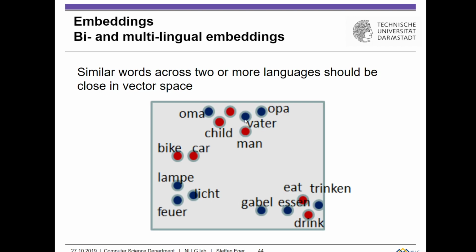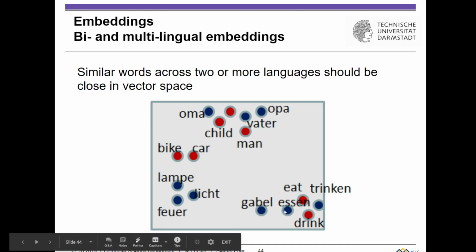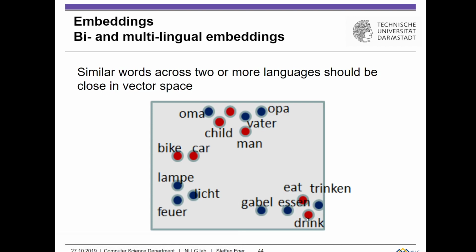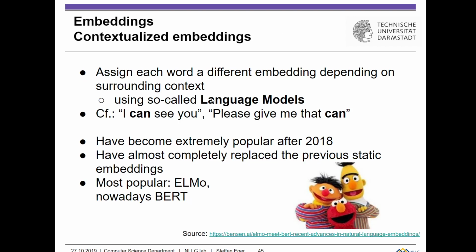For example, we would see here Vater and man are close, Essen and eat are close, Gabel and Essen are close, and trinken and drink are also close. So you can generalize this across languages, which is a really cool thing, because then you can go beyond the specifics of a particular language and just do global natural language processing across all possible human languages, ideally.